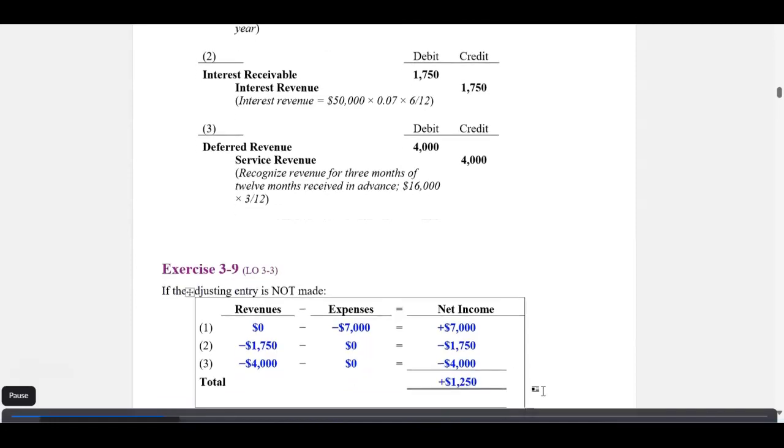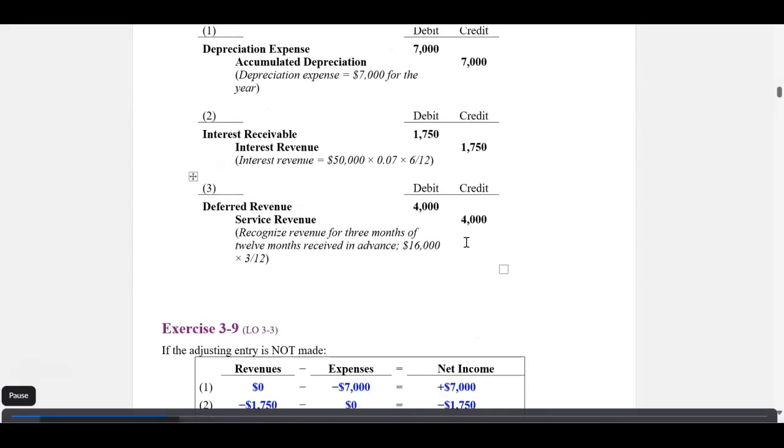If net income is overstated, then your retained earnings eventually will be overstated. Make sense? Your retained earnings will be eventually overstated. And if you don't recognize this interest receivable, then your asset in your balance sheet will be understated.